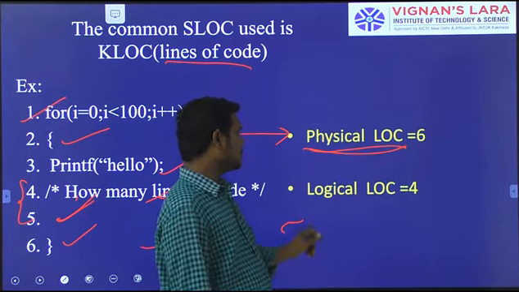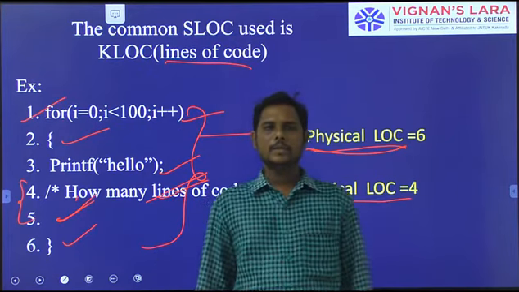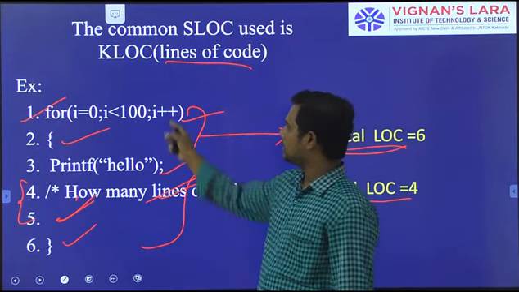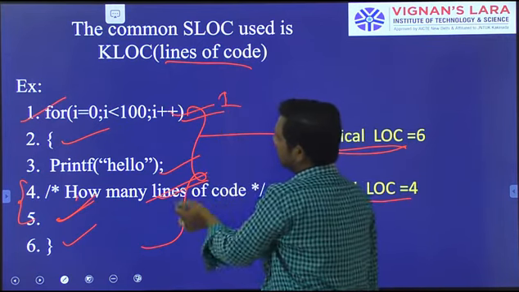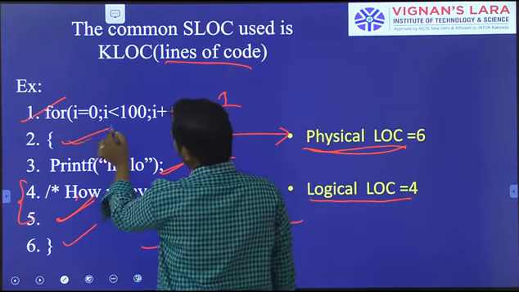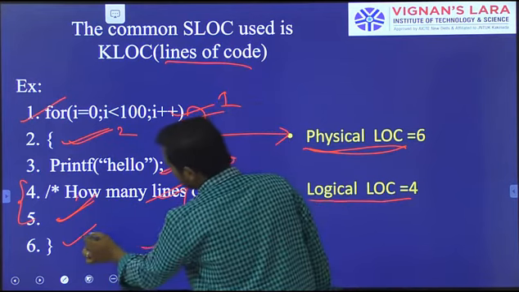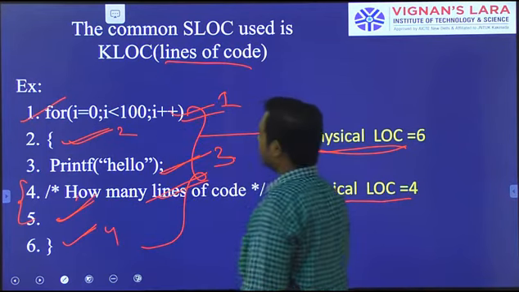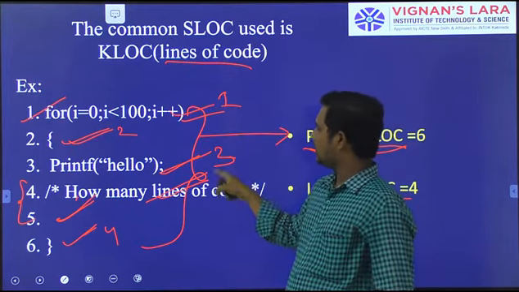Whereas logical SLOC considers only 4 lines. What is the meaning of 4 lines? Here this statement is executed. Line 1, line 2, line 3, and finally line 4.